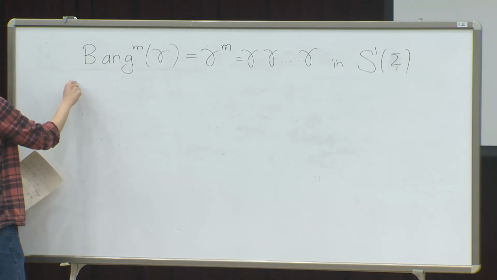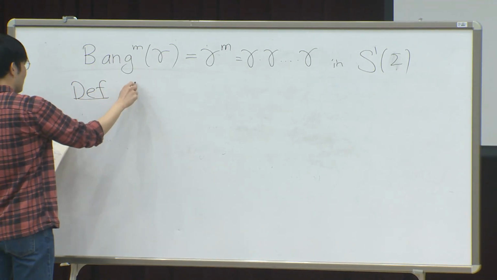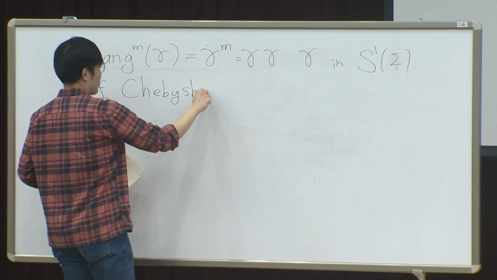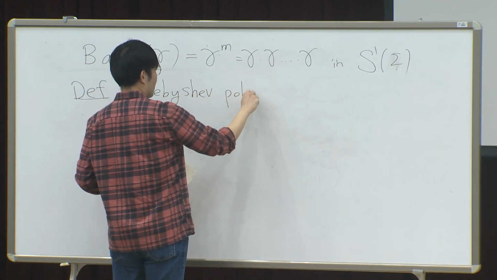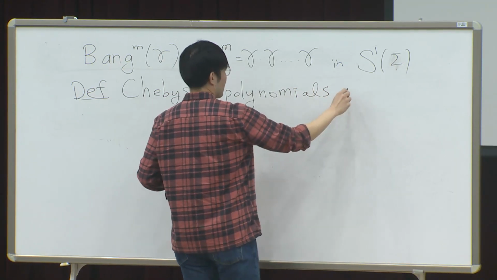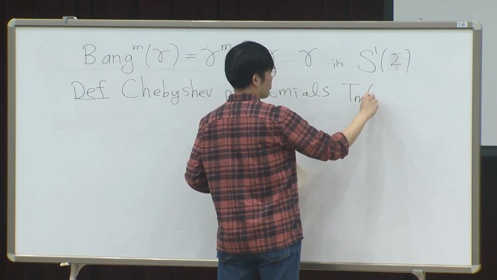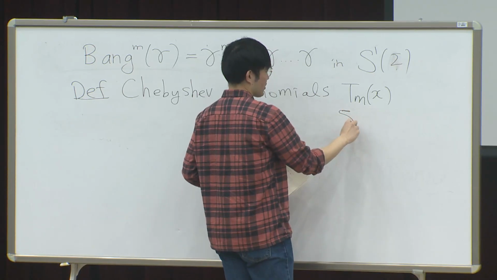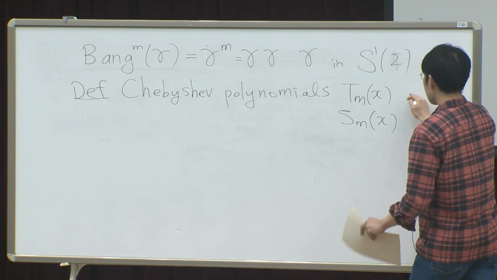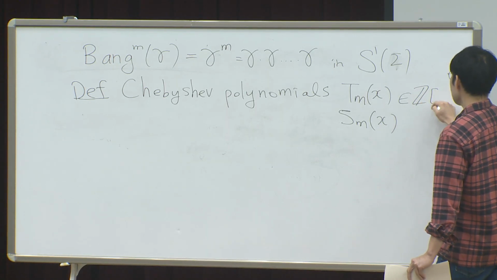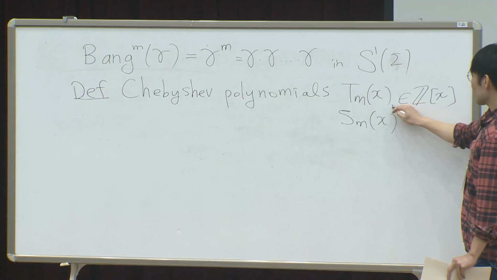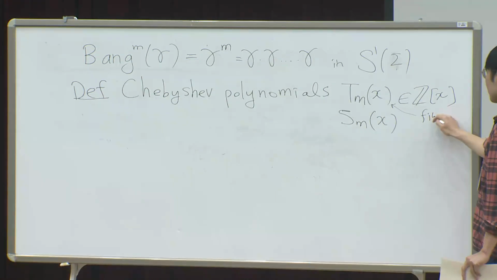So let me define Chebyshev polynomials. I'm going to give you 2 kinds. One is T and one is S. These are one-variable polynomials. The first one is called the Chebyshev polynomial of the first kind.